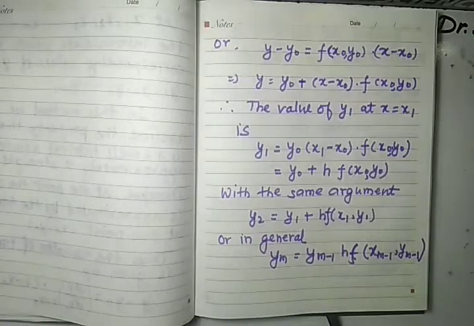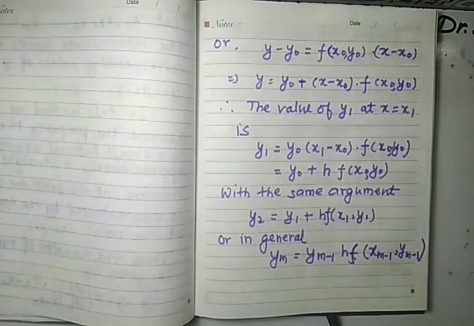This is the first interval, and the interval we choose is h. Therefore, we can replace x1 minus x0 by h. So, we write y1 = y0 + h f(x0, y0).